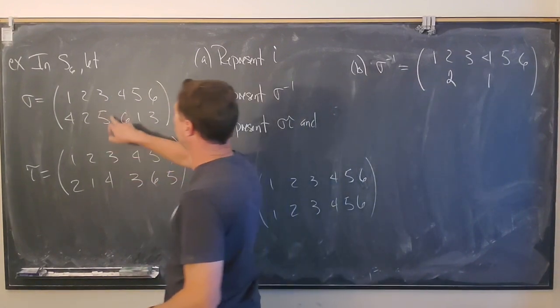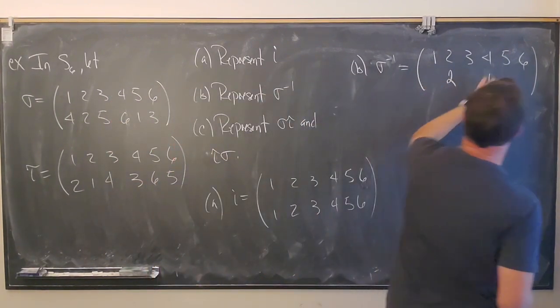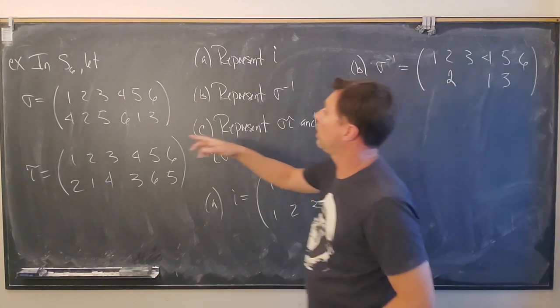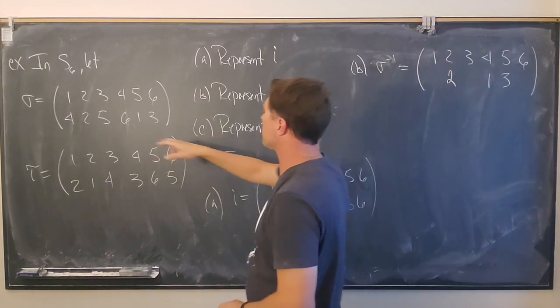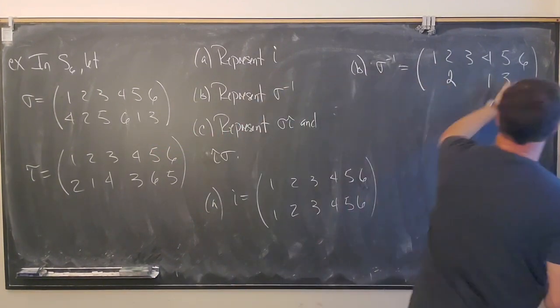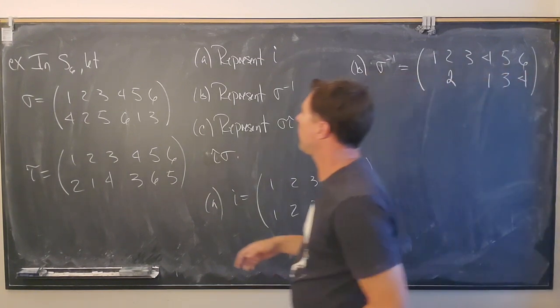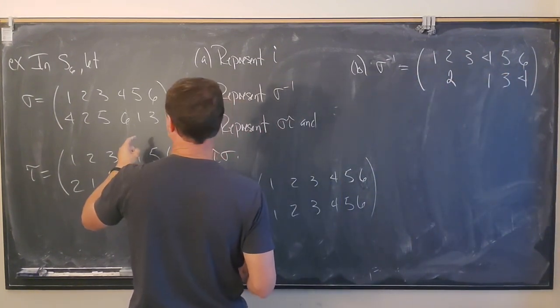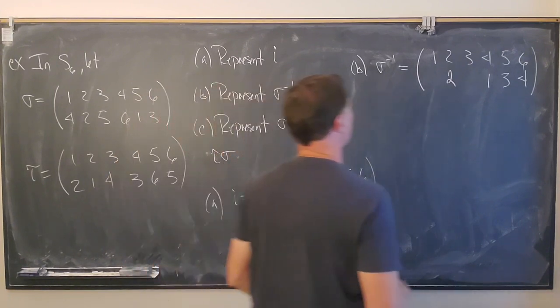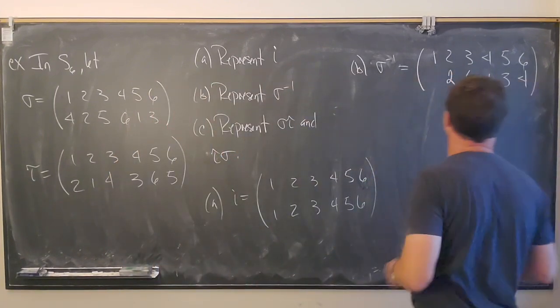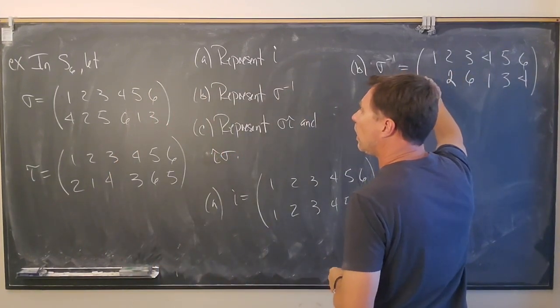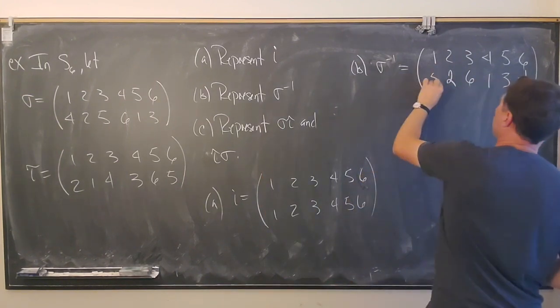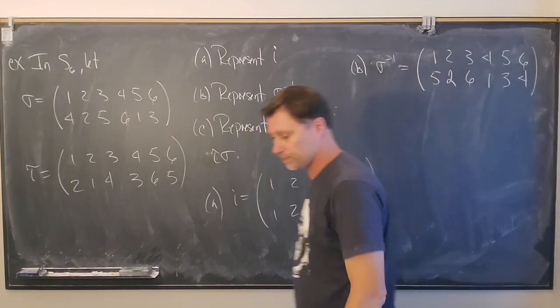Sigma sends 3 to 5, so 5 should go to 3. 4 goes to 6, which means 6 needs to go to 4. 6 goes to 3, which means that 3 needs to go to 6. And 5 goes to 1, so 1 needs to go to 5. Okay, so there's the inverse.